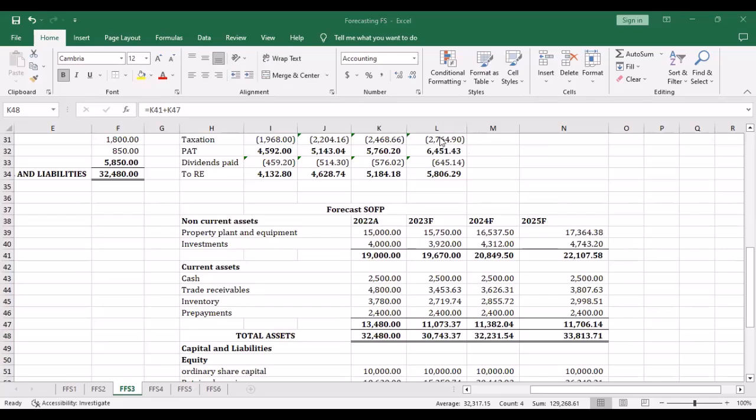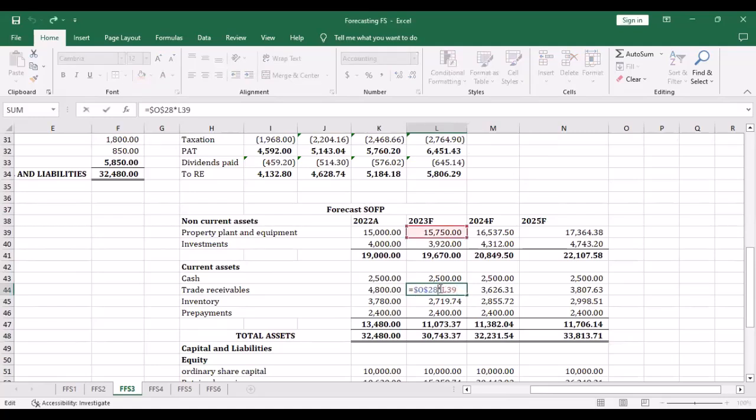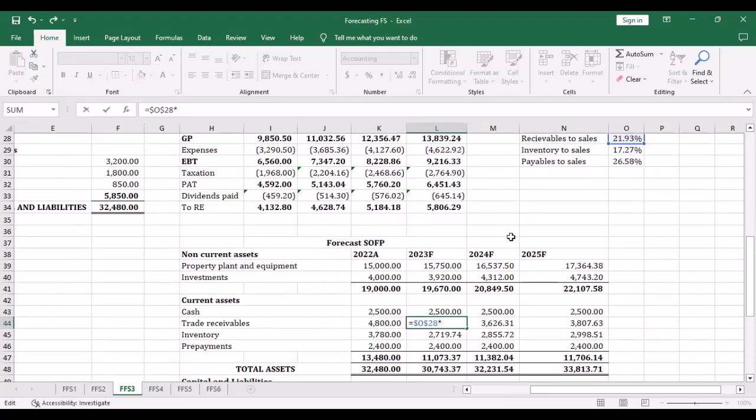L44, yes, that one is good. Okay, I made a very bad error. I must be very careful.